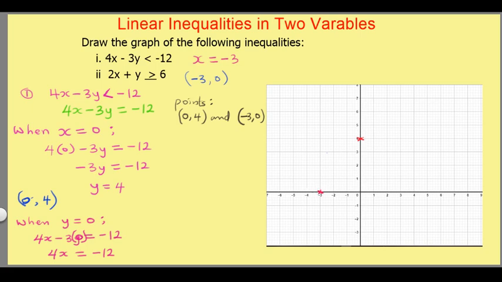Now we've gotten these 2 points, we then need to plot this graph. Remember, this is just ordinary less than, so we are going to be using a broken line instead of a straight thick line. So let's join these 2 points.